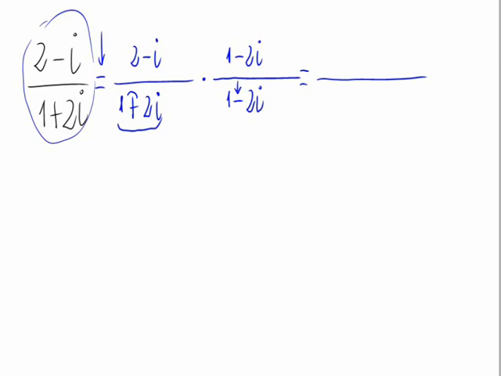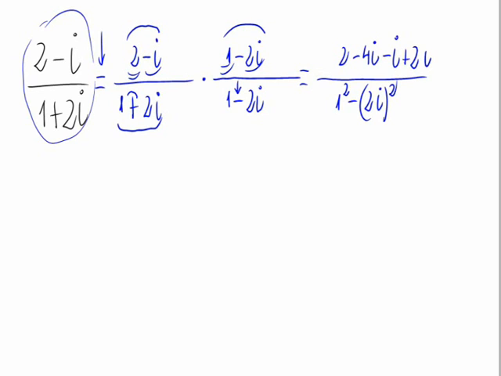Let's operate the denominator. This is an addition by the difference, so the formula for this is the square of the first number minus the square of the second number. Now let's multiply the numerator, so we will have 2 times 1 is 2, 2 times minus 2i is minus 4i, and now minus i times 1 is minus i, and minus i times minus 2i is plus 2 times i squared.